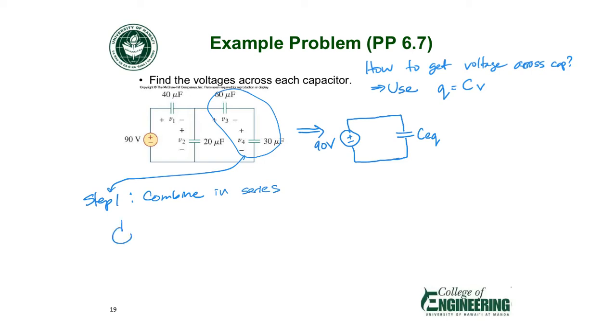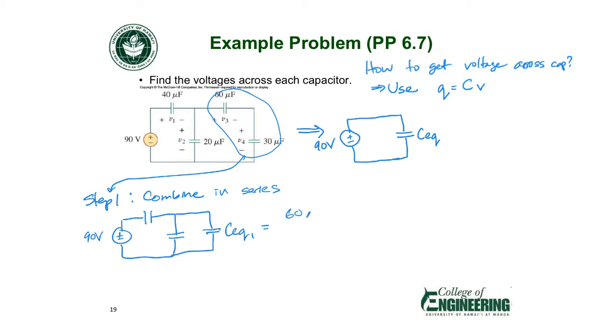So my schematic then becomes like this. Let's call this CEQ1. I'm combining them in series.